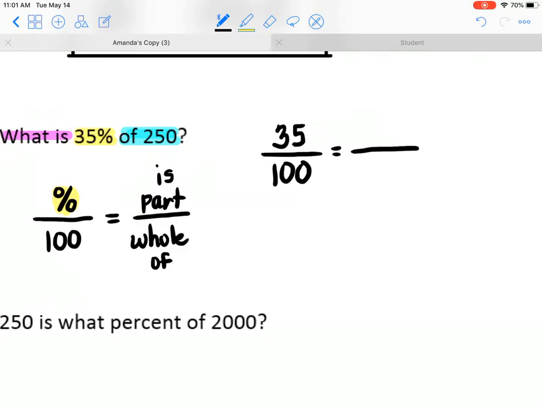Now, do I know is or do I know of? I know of. And ofs go on the bottom. Okay. So to use this method, you have to get those pieces of the puzzle in the right spot.